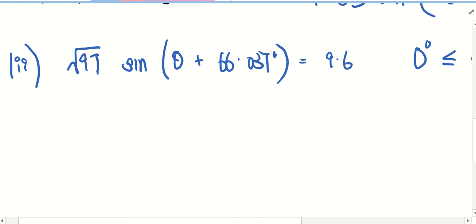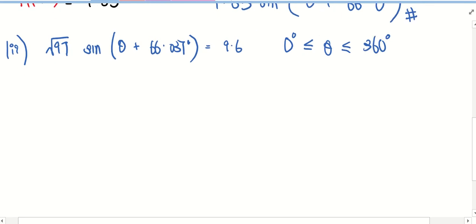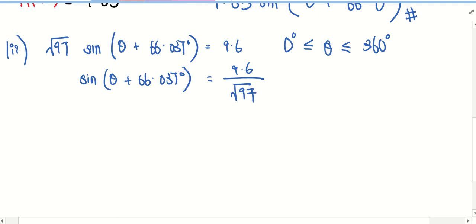How to make the coefficient 1? Divide by square root of 97. Since it's already a single trigo term, what is the next thing we need to find? Reference angle.